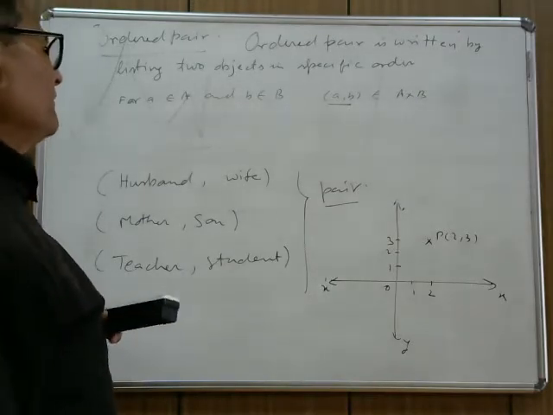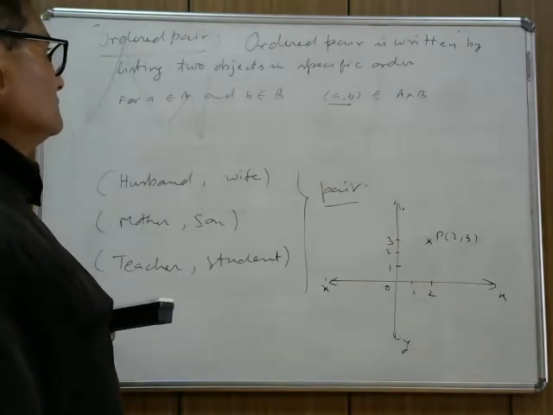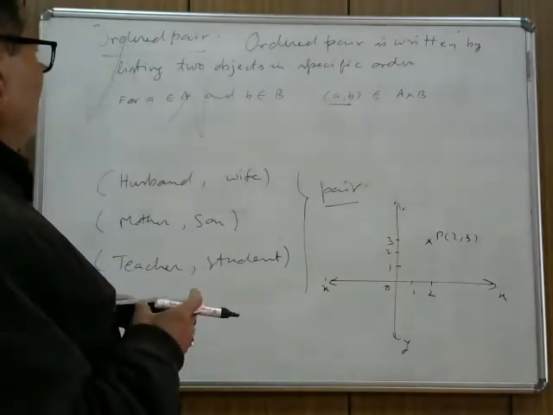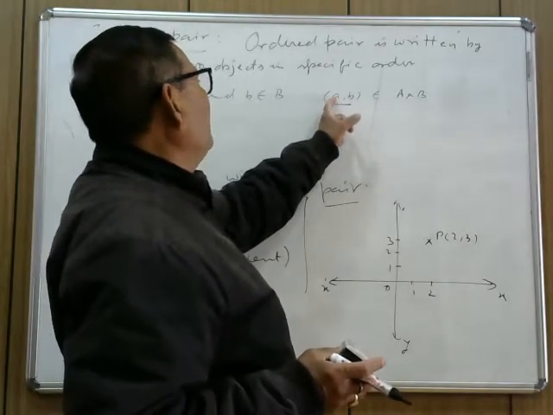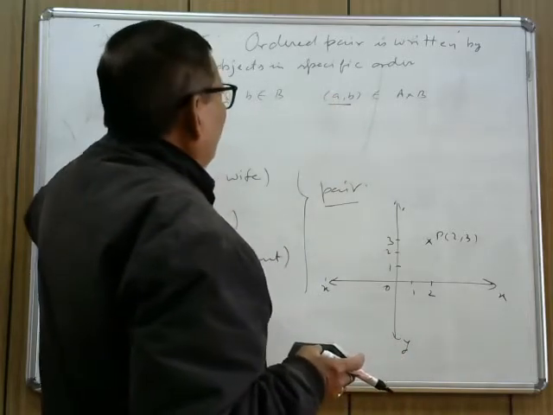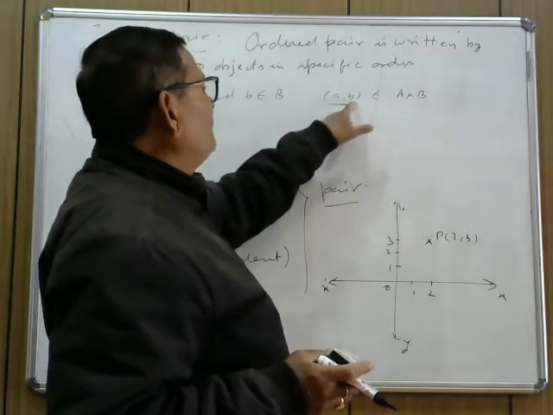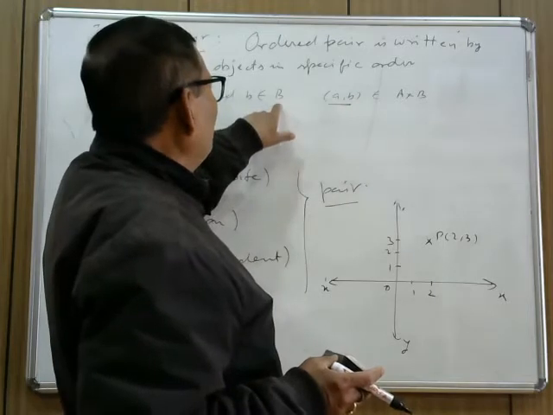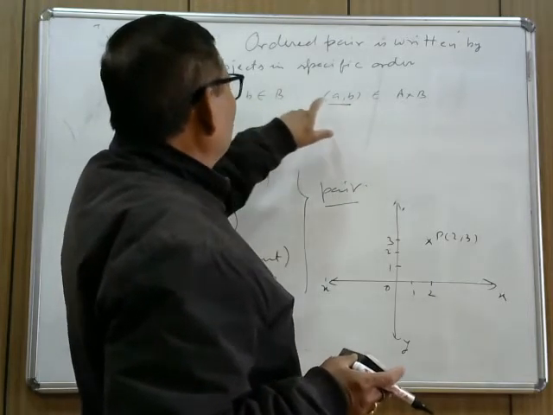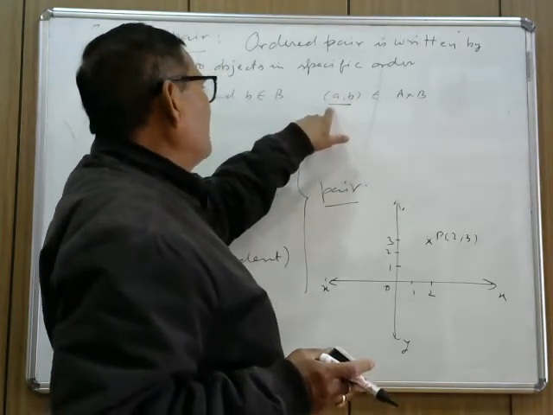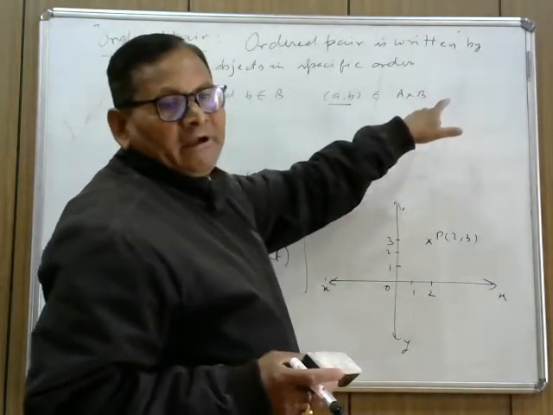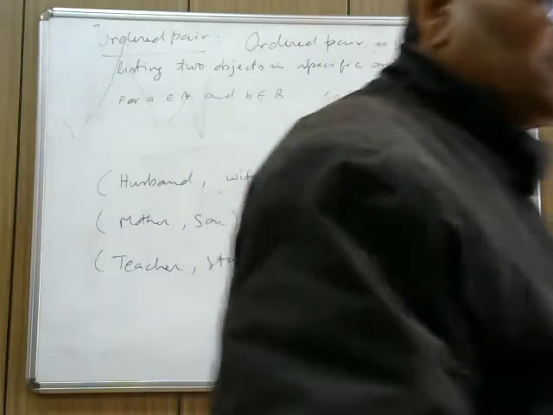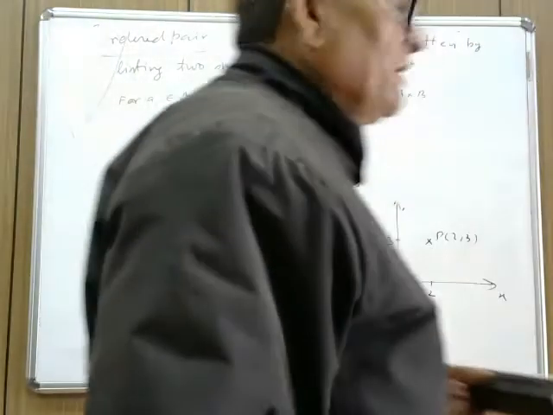This pair becomes an ordered pair because the first element a is a member of A and the second element b is a member of B. Then this pair (a, b) is written in a specific order and belongs to A cross B, the Cartesian product of two sets A and B.